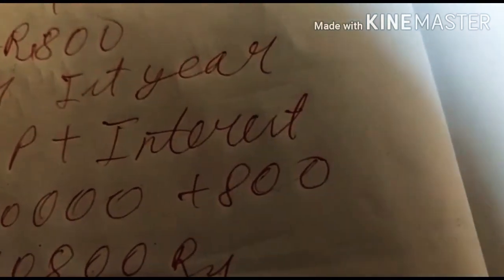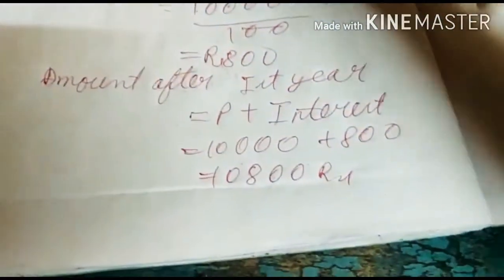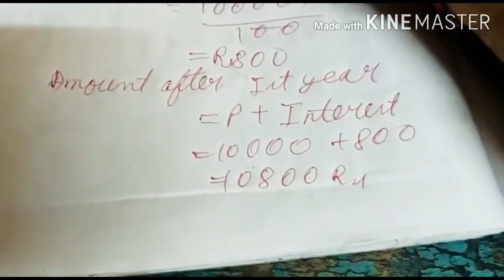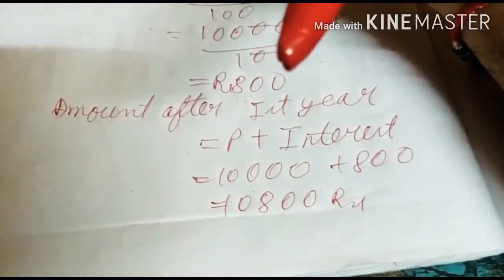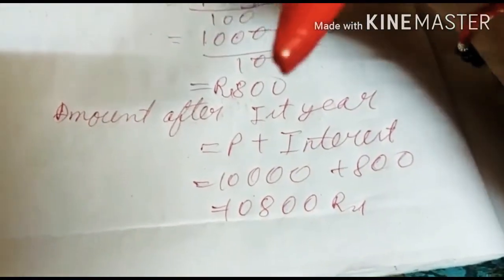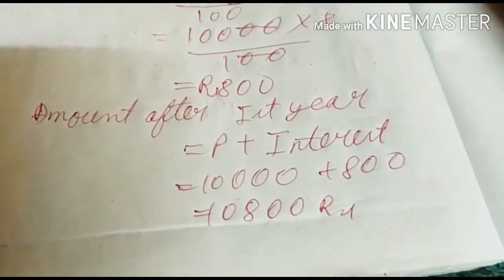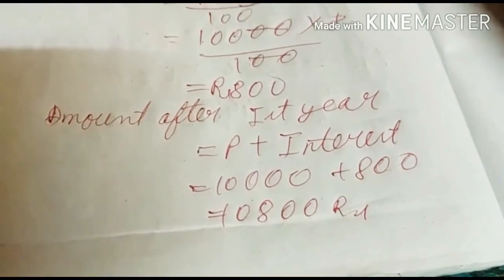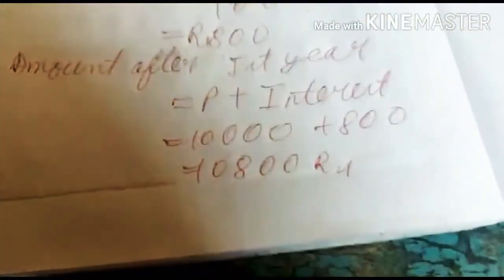Like I said, the money I took from you right now I have to return right now, so there will be no interest charged. So the amount we return at that point will be 10,000 itself, and then after 1 year we have to pay 800 interest also. So the total amount that we have to return is 10,800.